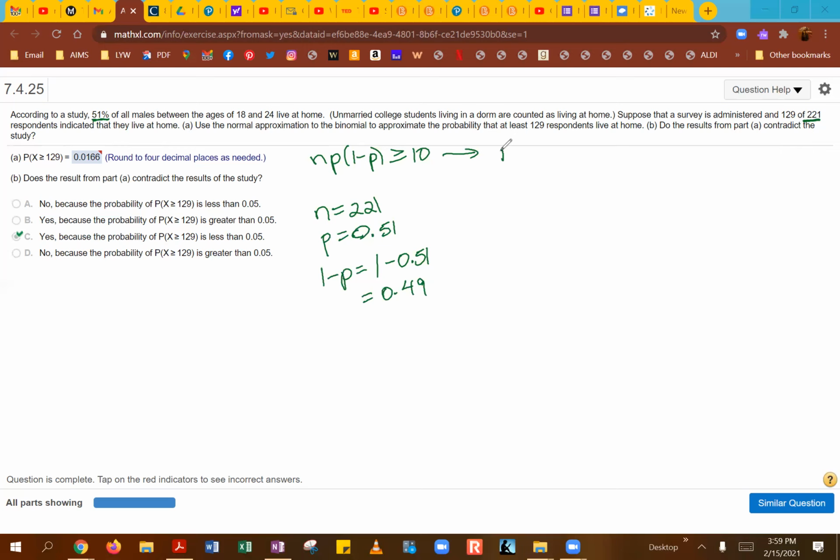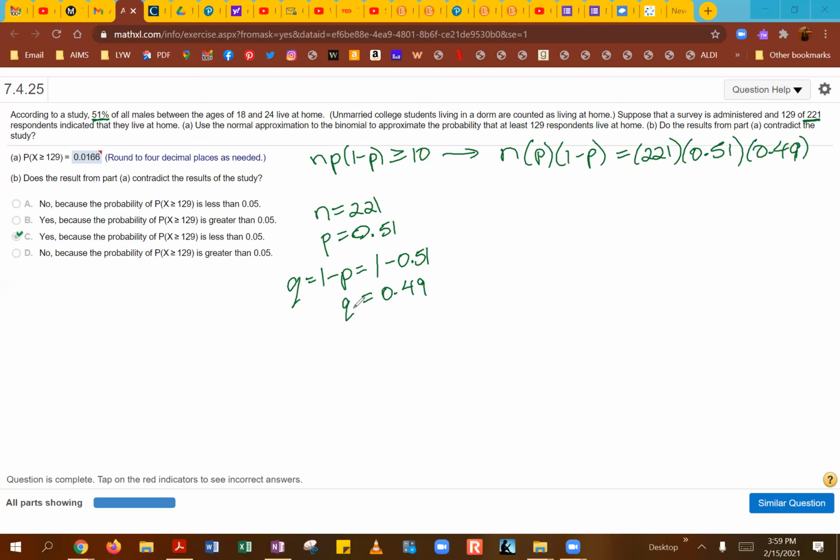So now if we multiply all of these together for our example, we are looking at 221 times 0.51 times 0.49. Just as a reminder, this value, you can also call it Q for that 1 minus p if you like. All right, let's multiply all of these together.